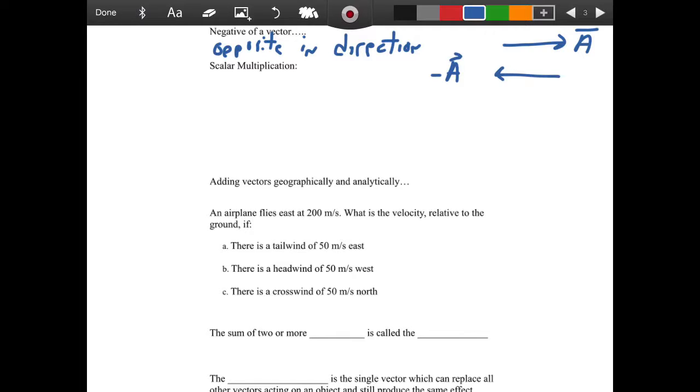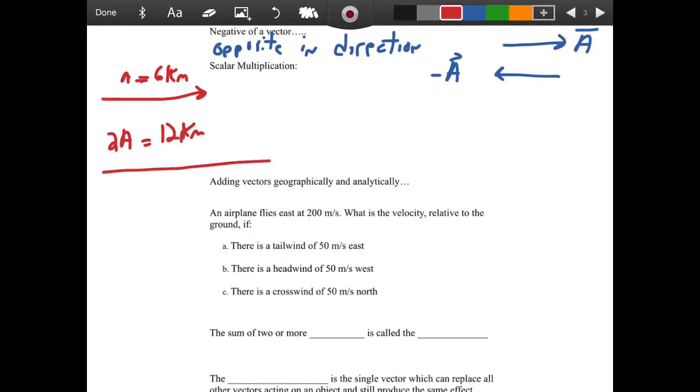Now scalar multiplication: we're not changing the direction, because with scalars we don't care about direction. Let's say vector A is 6 kilometers to the east. If we do scalar multiplication and say vector 2A, that's going to be 12 kilometers to the east, and we still represent that with an arrow.